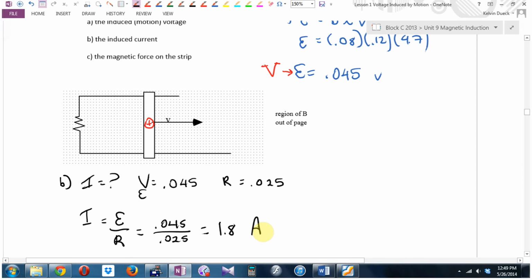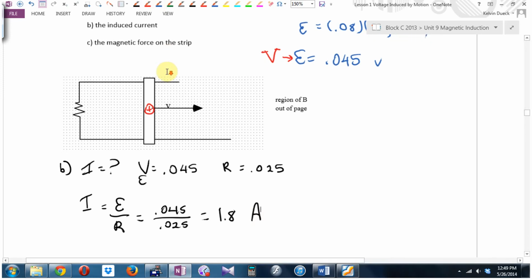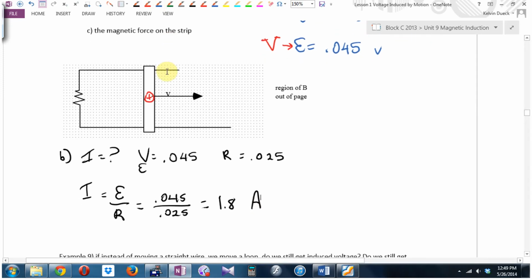Ashley, what's part C want me to find? Magnetic force. And what did I find in part B? Is there an equation for magnetic force that maybe contains current in it? On a wire? Bill, you say? Our friend Bill? Oh, cool. Magnetic force is Bill.